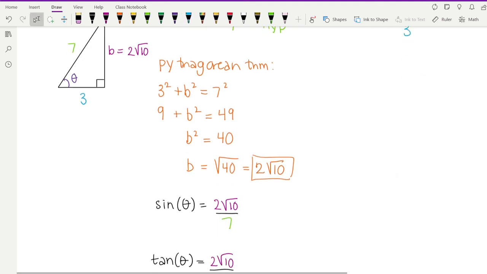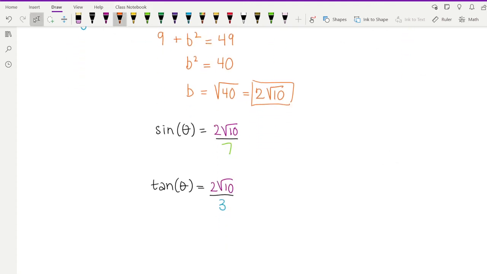And then the reciprocals of sine and tangent, we can find those as well. So cosecant of theta would be equal to 7 over 2 root 10, which we probably want to go ahead and rationalize, right? So if we rationalize that, if we multiply by square root of 10 over square root of 10, we'll get 7 root 10 over 20.